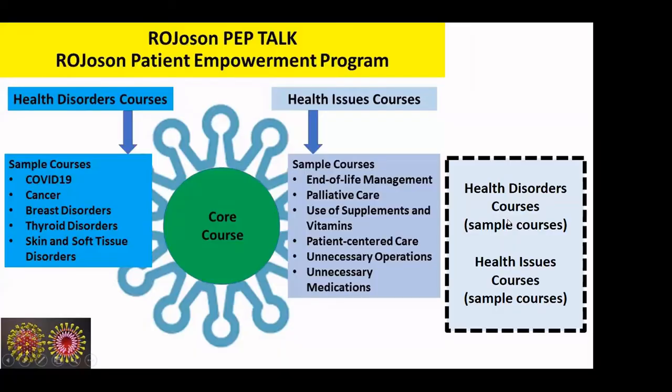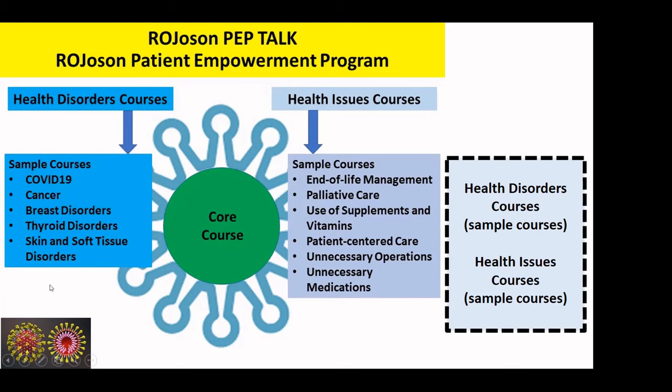Now for the health disorder courses, these are sample courses. We have gone through COVID-19, that's done, I won't repeat it anymore. This is the 3rd surge that we're having now, so I just leave it to the public to read my PEP talk on the internet. Then other sample health disorder courses will be cancer, breast disorder, thyroid disorder, skin and soft tissue disorders.